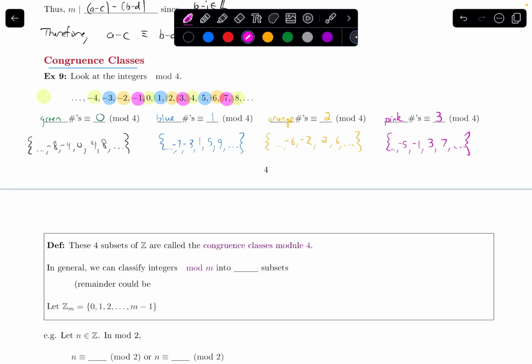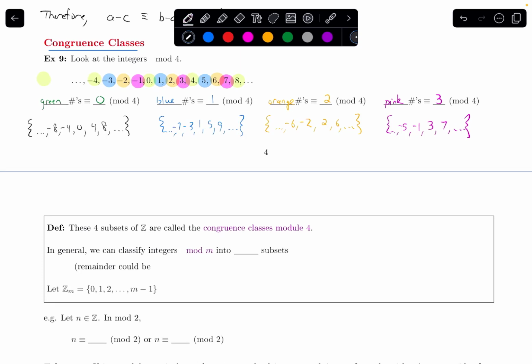What we've done now is created these 4 subsets of the integers. These are called the congruence classes modulo, whoops, typo here. This should say modulo. These are the congruence classes modulo 4.